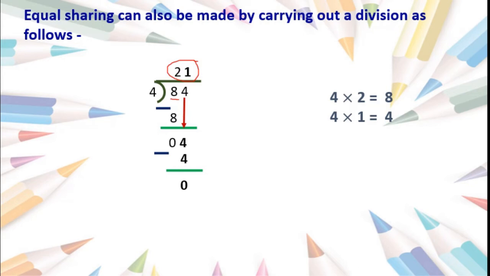Yes, this is called the division method. Got this, students? By this method we can do division of any large numbers. Here we have to learn the names of these numbers. See, the number by which we divide is called the divisor.